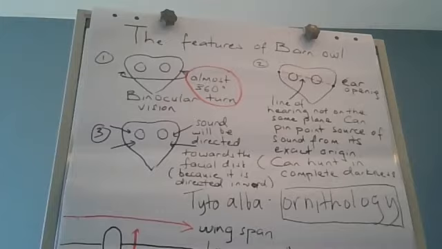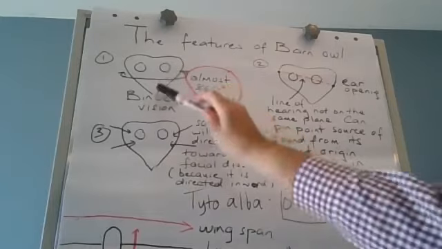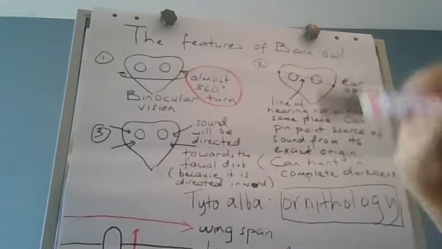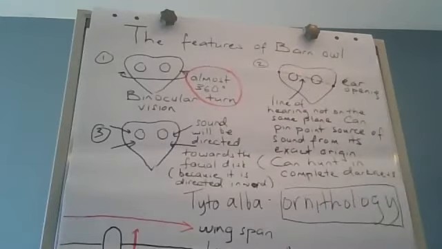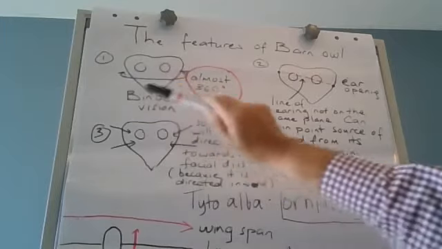I'm sure you have looked at some of the images or pictures of the Ban-Aul. So look at the facial disc. This is as if we are looking head on, kita melihat pada di hadapan burung pungguk. These are the two eyes.